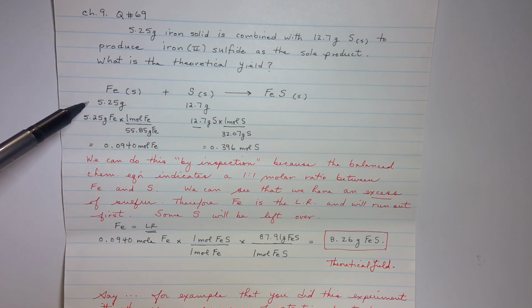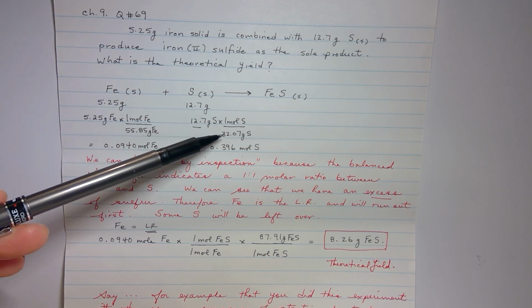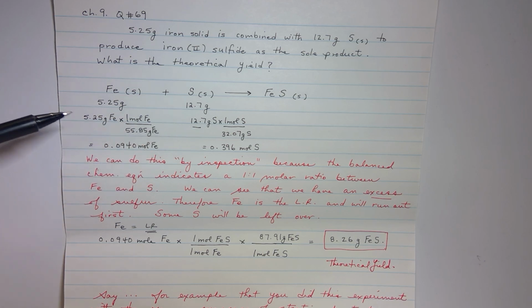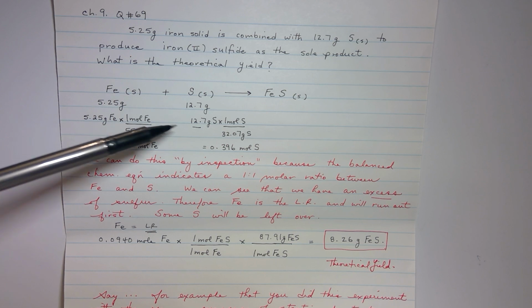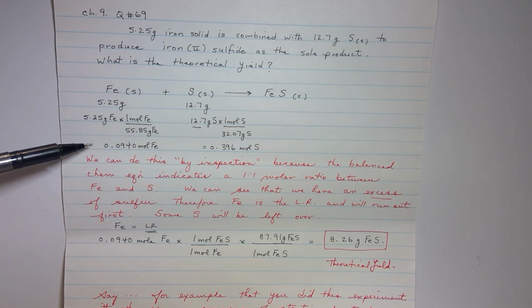Well, when we have a mass, we convert to moles. This number 55.85 is simply the molar mass of iron, and this one of sulfur. I'm converting mass of iron to moles of iron, mass of sulfur to moles of sulfur. In this row, I see the numbers of moles of iron and sulfur respectively that I have reacting together.